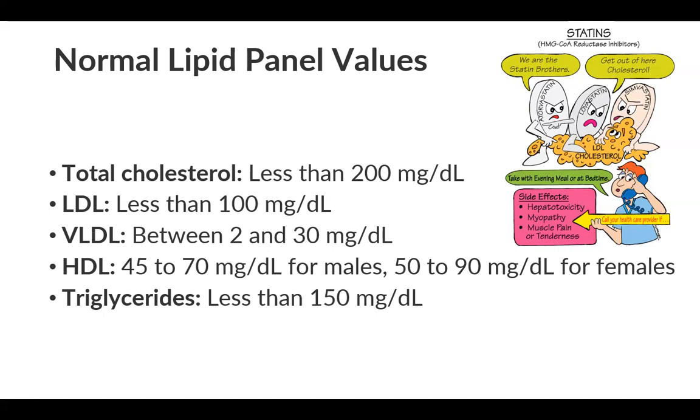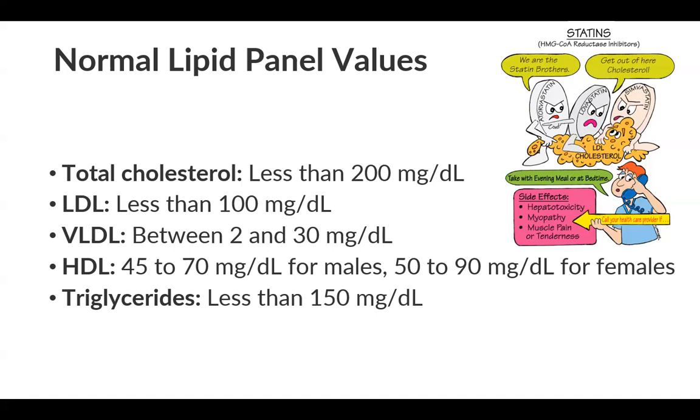The VLDL should be between 2 and 30 milligrams per deciliter, and the high density lipoprotein needs to be between 45 to 70 milligrams per deciliter for males, 50 to 90 milligrams per deciliter for females. Triglycerides should be less than 150 milligrams per deciliter. So please try to commit those values to memory.